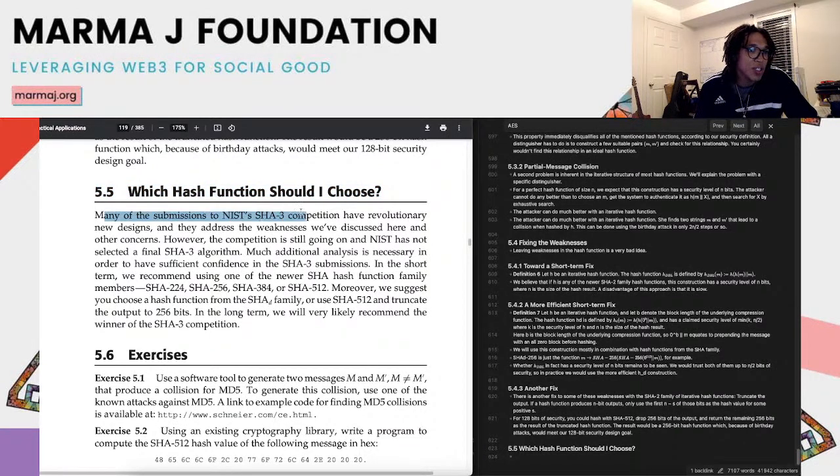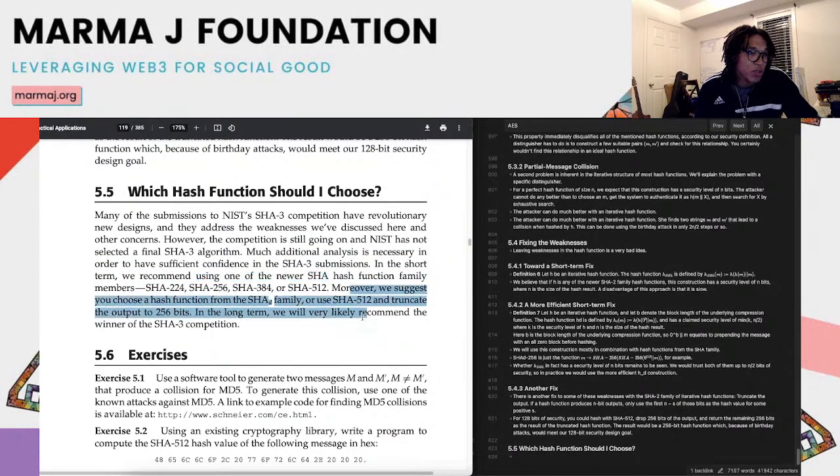And so many submissions to the SHA-3 competition have new designs. They address weaknesses. However, the competition is still going, and SHA-3 hasn't been selected. So obviously, I would just say SHA-3 for now. Much additional analysis is necessary. In the short term, we recommend using one of these new things.